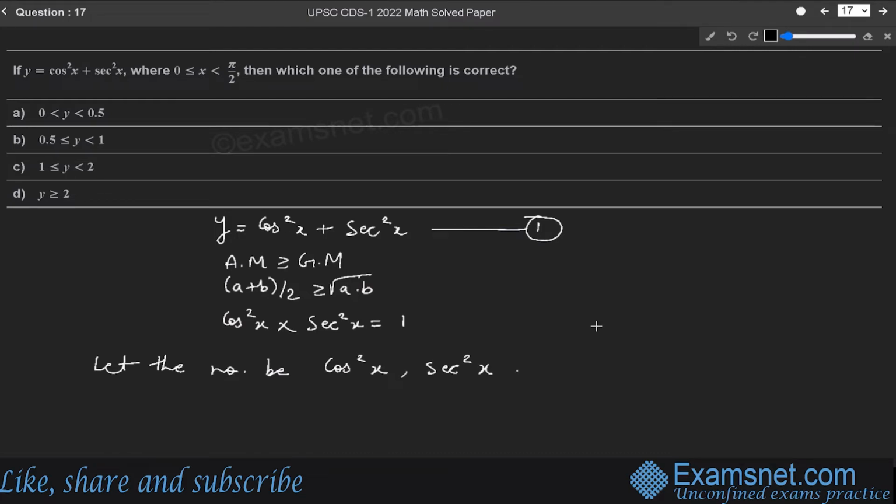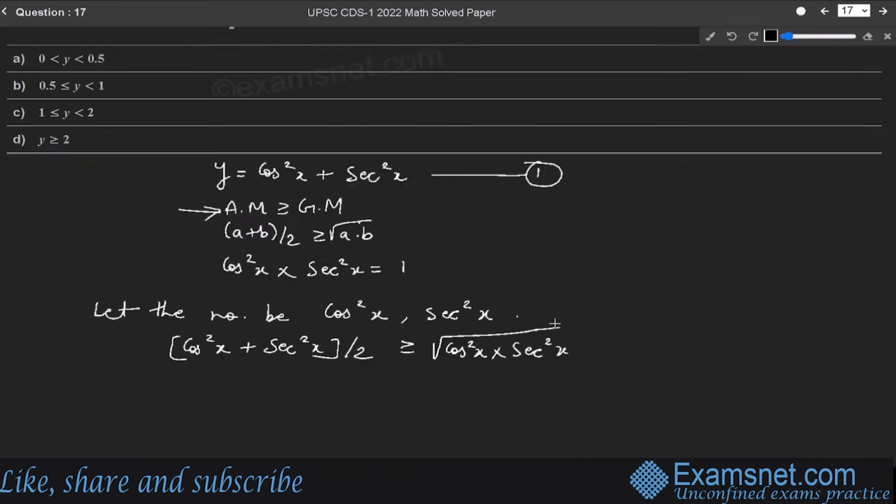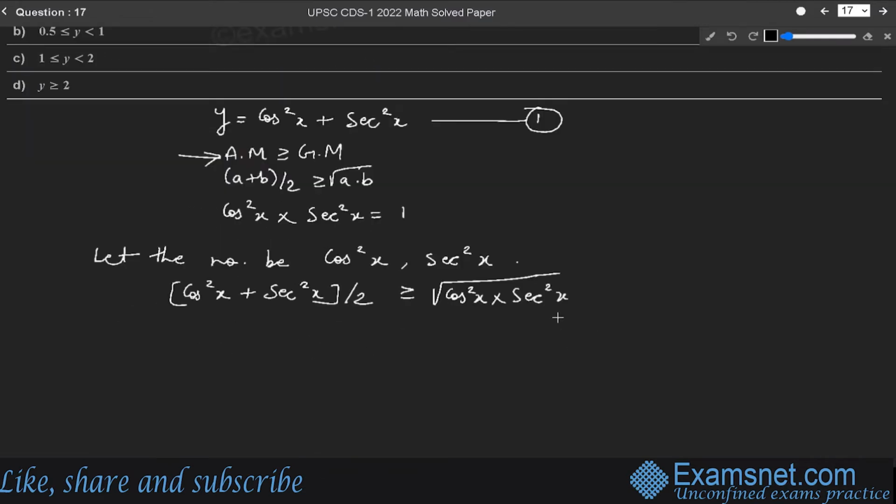Now according to the question and using this concept, AM is greater than or equal to GM, it will be cos square x plus sec square x upon 2 will be greater than or equal to under root of cos square x into sec square x, because the two numbers are cos square x and sec square x. Means these are the values for A and B.